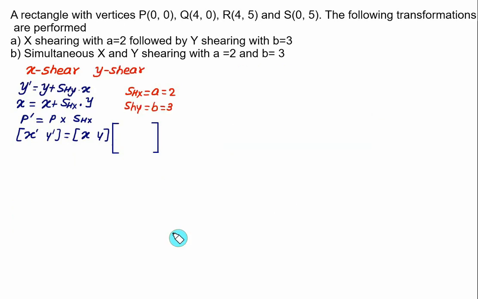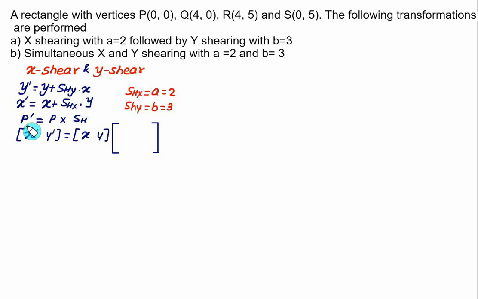In the second part we have simultaneous x and y shear with a factor equal to 2 and factor equal to 3. So this time x and y shear is simultaneous. Hence we have y prime is given as y plus shy into x, where shy is the factor b. We have x prime is given as x plus shx into y, where shx you have to use equal to 2.